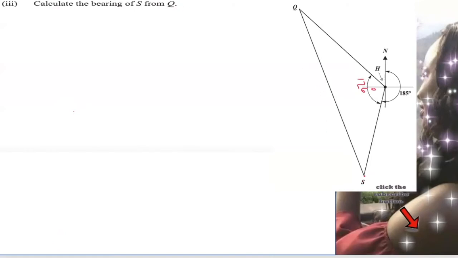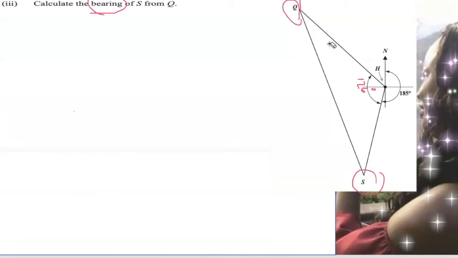The next question asks to calculate the bearing of S from Q. So we need to find out what is the bearing of S from Q. So it means that the starting point is Q. In other words, if you don't like the word bearing, we're just saying we need to know the angle that S is from Q. So measure the angle.